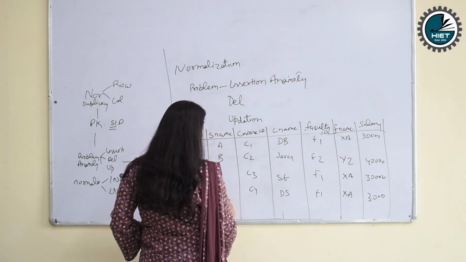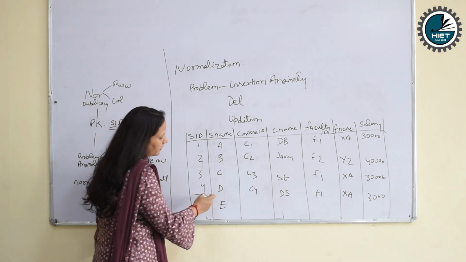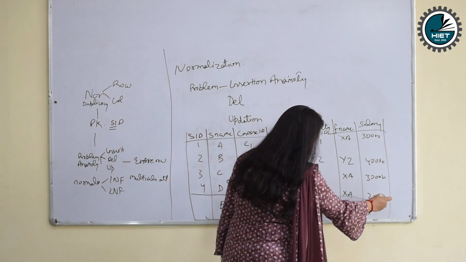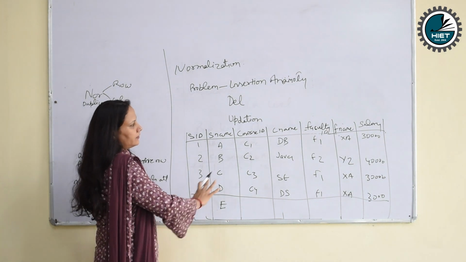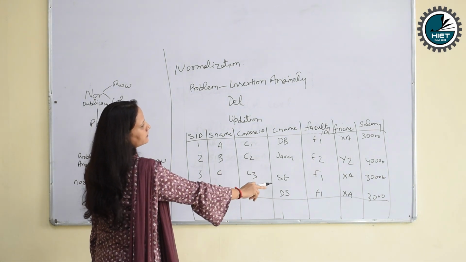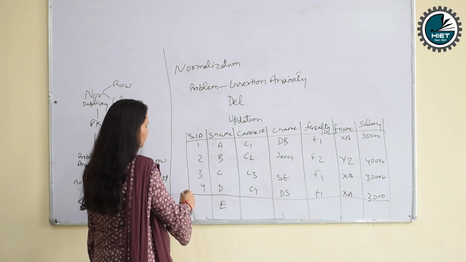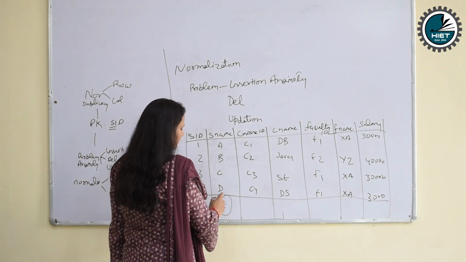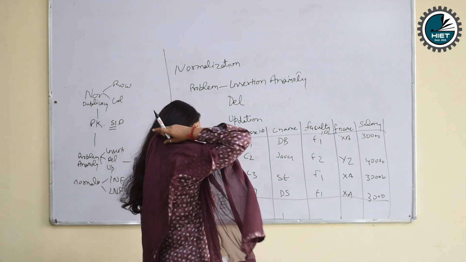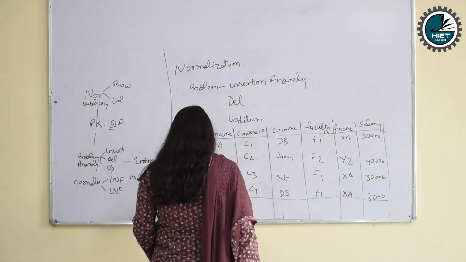a new admission. In this table we have 4 students and course ID, course name, faculty ID, faculty name, salary. Suppose each student has taken admission, then what happens?